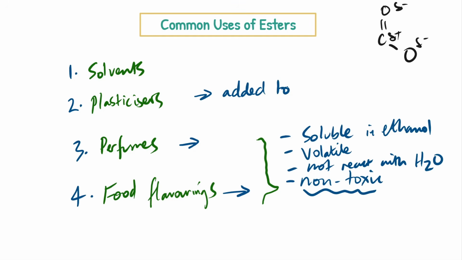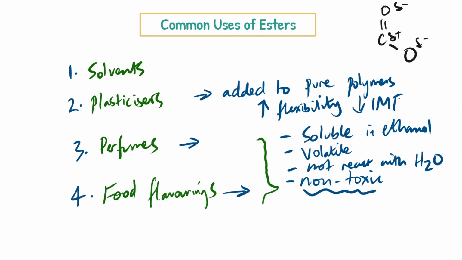So let's put that here: added to pure polymers to increase flexibility. Something additional I can add about these plasticizers is the esters are going to reduce the intermolecular forces amongst the polymer chains, and that's essentially what makes it more flexible. So it reduces intermolecular forces, IMF, and that is why they are used.